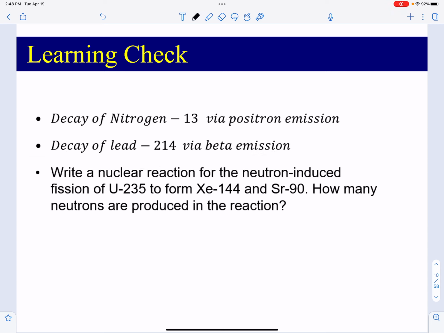The last one said neutron induced. So this is going to happen because we are adding a neutron. So we're going to have a neutron, which is 0 and 1. So we are inducing fission, which is breaking apart. And what are we breaking apart? Uranium-235.